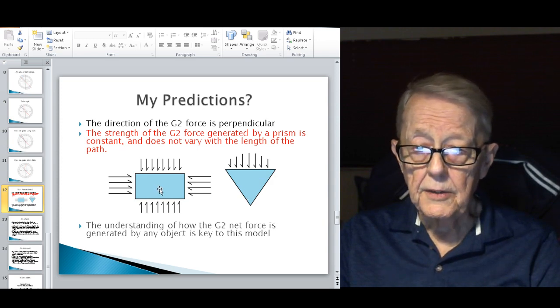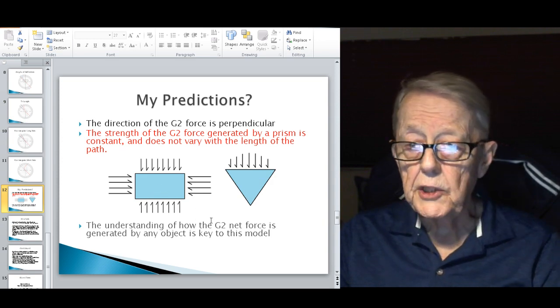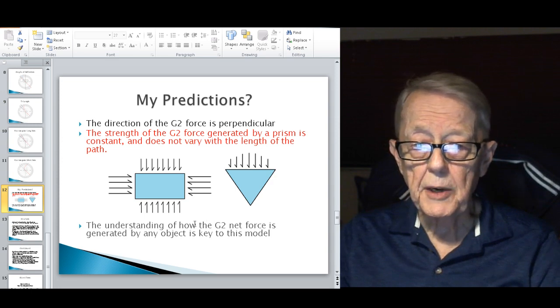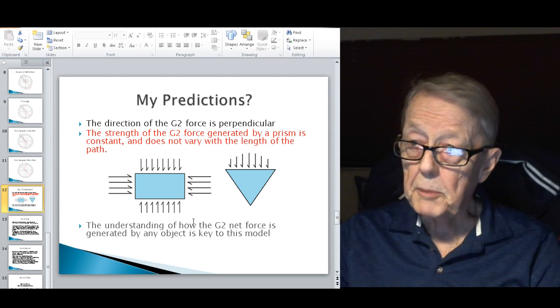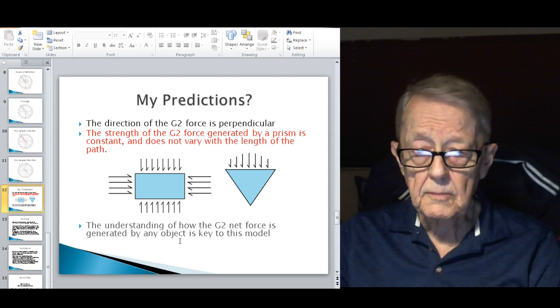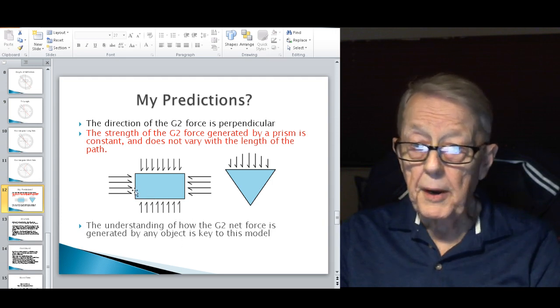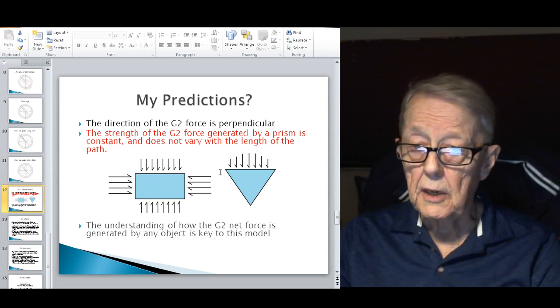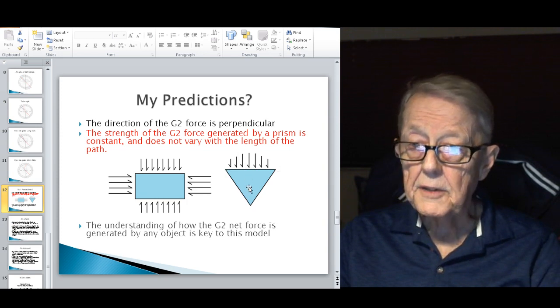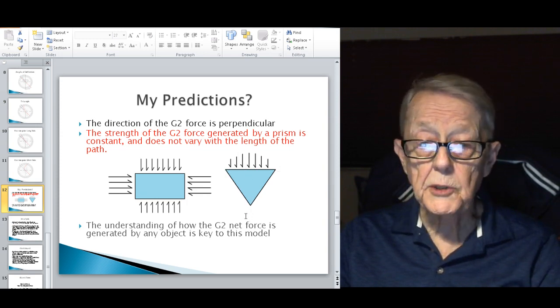Understanding how the G2 net force is generated by the object is key to the model. It's the force that pushes the light. But apparently the edge is the primary function of this, not the distance, at least in the measurements.